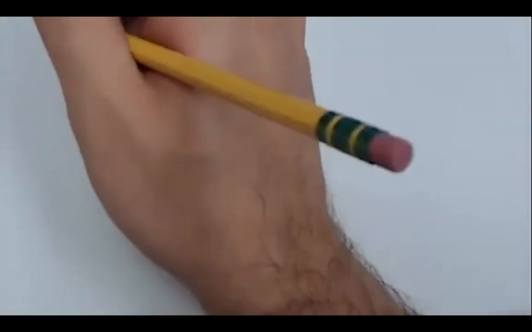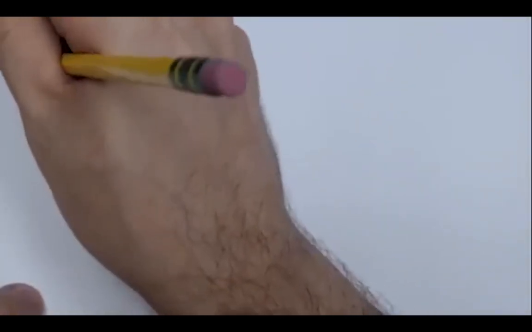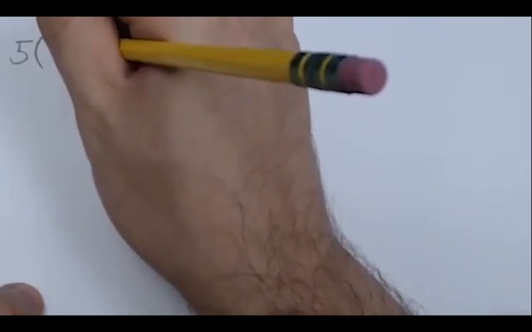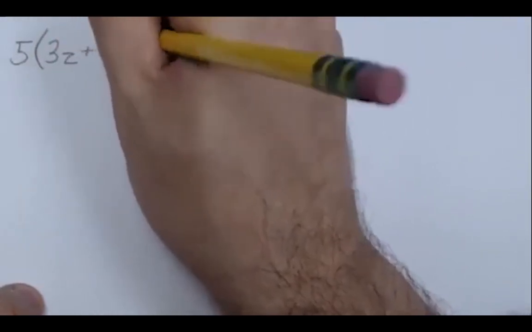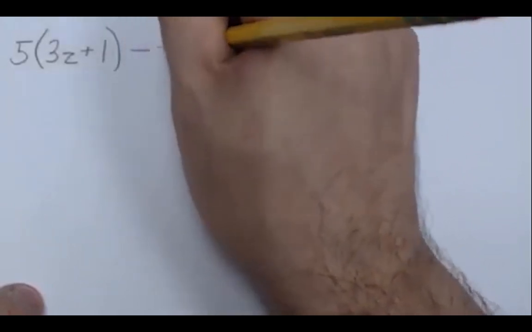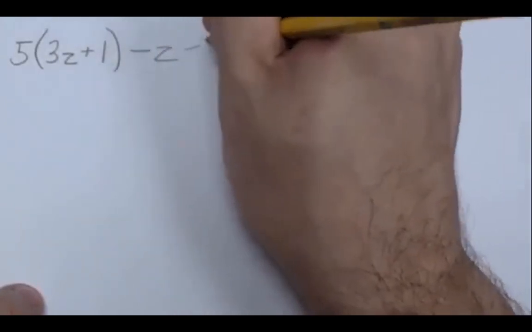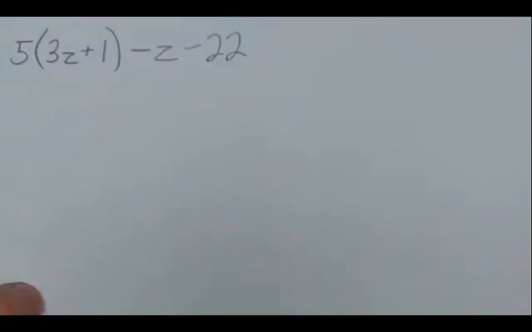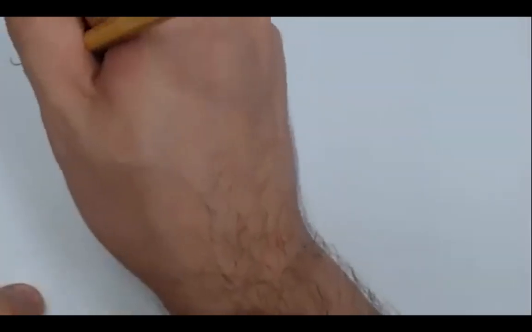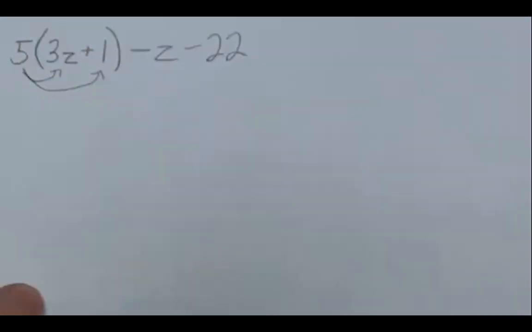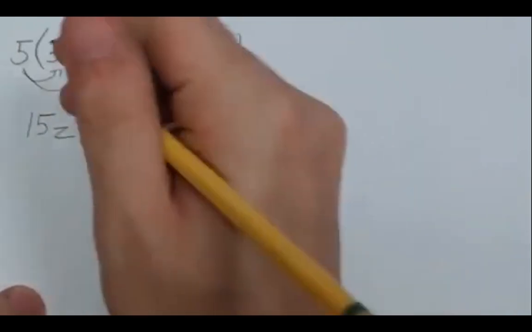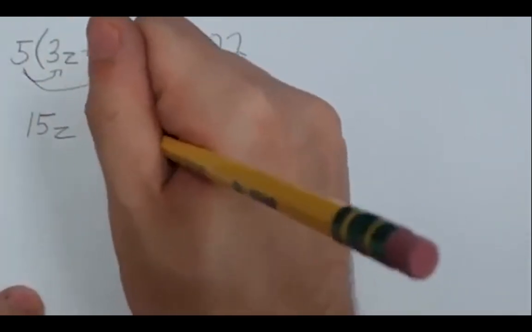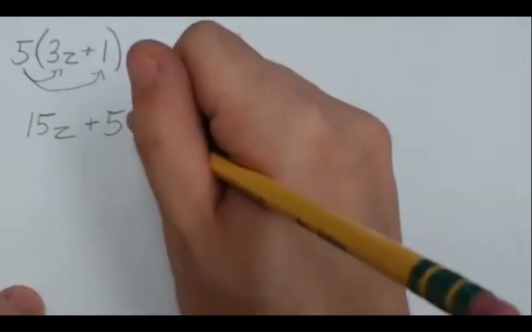We want to simplify 5 times the quantity 3z plus 1, minus z, minus 22. Distribute the 5. It has to be multiplied by both terms. 5 times 3z is 15z. 5 times 1 is positive 5.